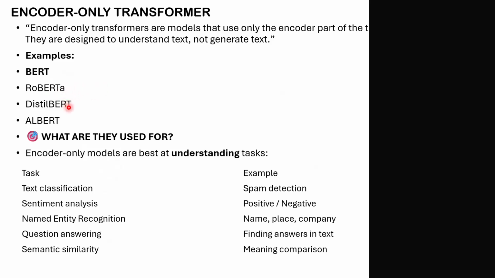DistilBERT is a smaller and faster BERT. Then ALBERT is a lightweight and memory-efficient BERT. All these variations are the same, but the idea is strong text understanding.